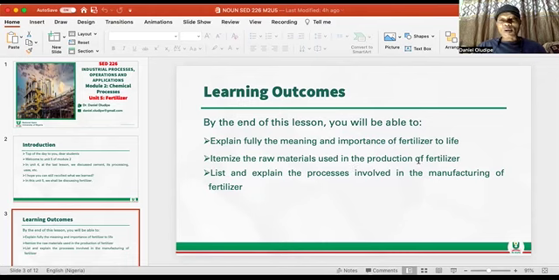Sorry for the mix up. Then you should be able to list and explain the processes involved in the manufacturing of fertilizer. Once again, you should be able to explain fully the meaning and importance of fertilizer to life, itemize the raw materials used in the production of fertilizer, and list and explain the processes involved in the manufacturing of fertilizer.